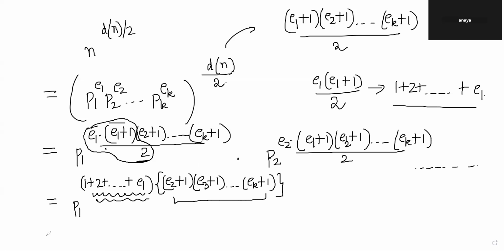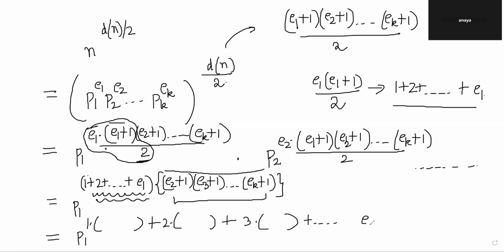Why is this better? Because now we can think of it as p1, 1 times this stuff plus 2 times this stuff plus 3 times this stuff, plus e1 times this stuff, right? What is that?